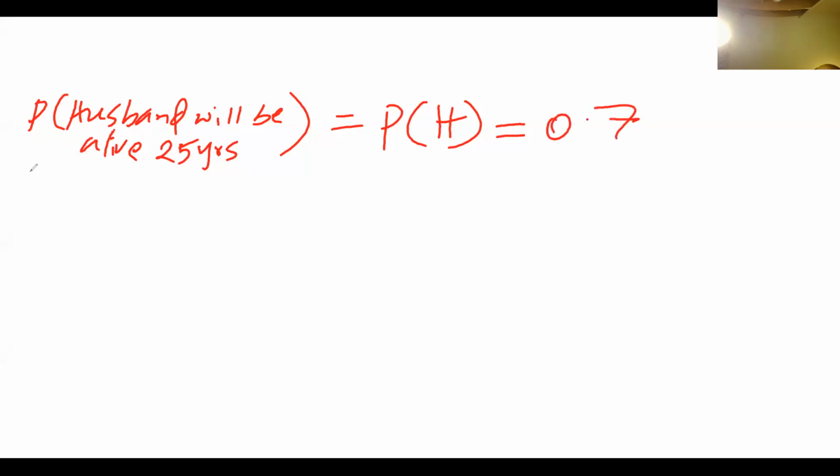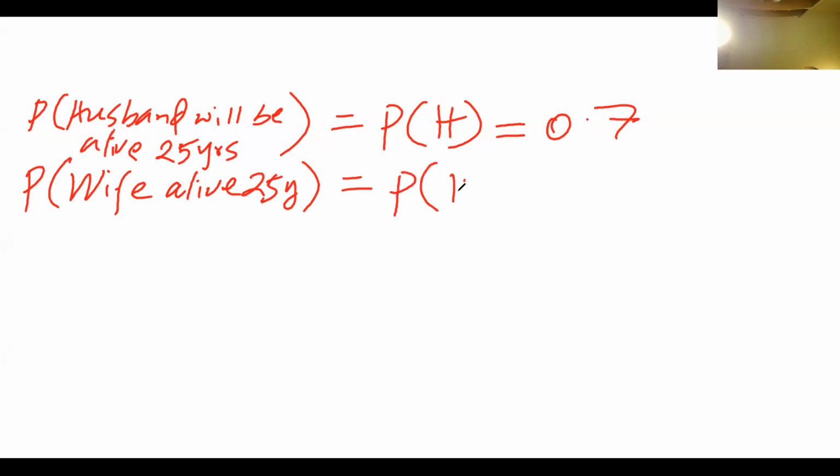Then for the wife, the probability that the wife will be alive in 25 years is 0.9. So those are the probabilities.